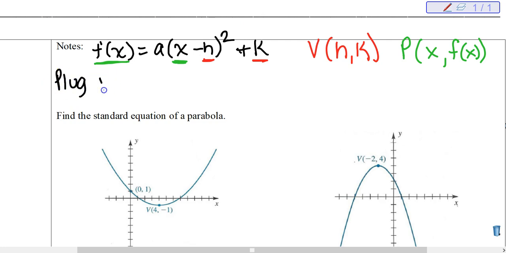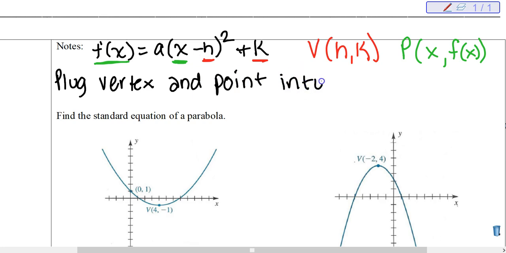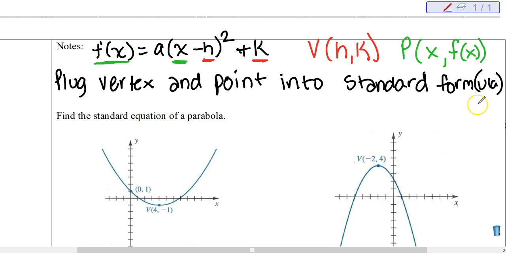So here's our very simple instructions. Plug the vertex and the point into standard form. I'm going to write standard form, and then in parentheses, vertex form, into the standard formula, which is standard form, right?